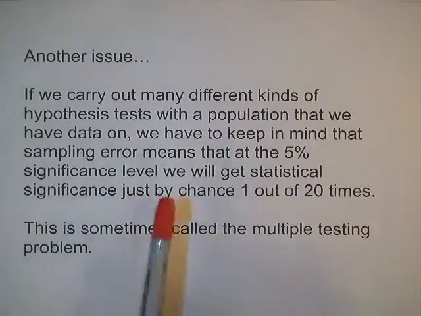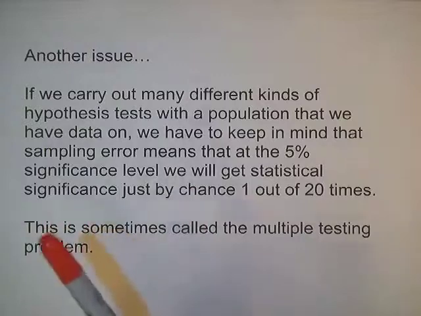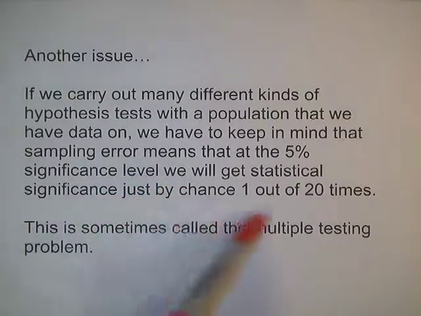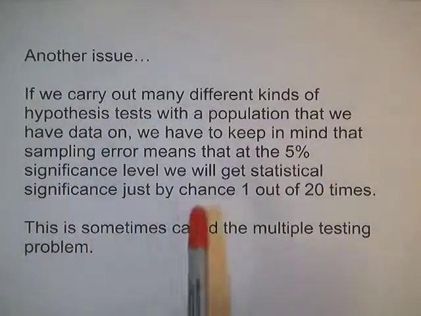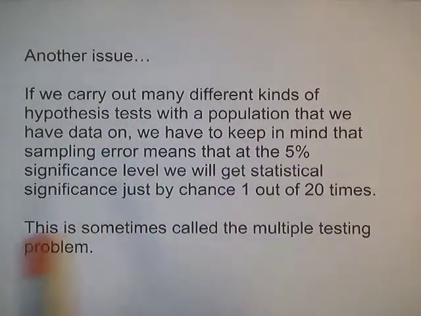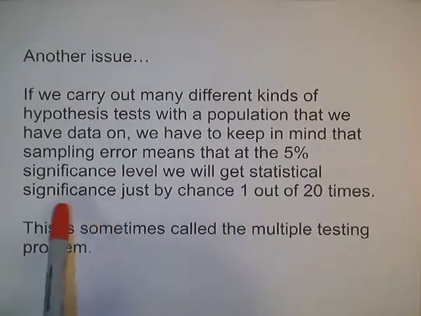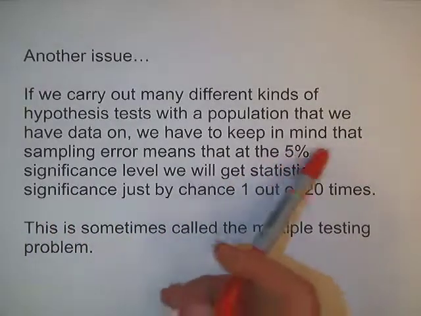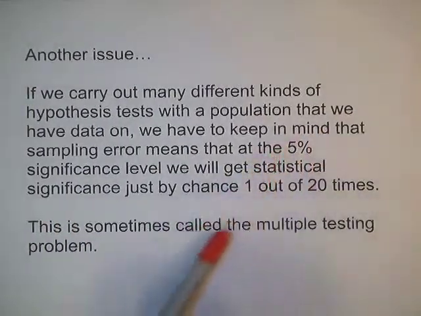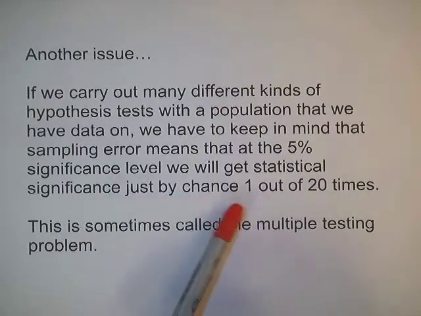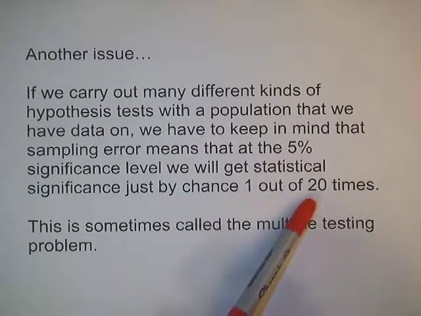This may happen, especially if you're taking frequent observations of some sort of phenomenon via computer. The computer may have the functionality to do hypothesis test after hypothesis test after hypothesis test. We need to be a little bit careful because even using a pretty small significance level, you are still going to get a false positive result 1 out of every 20 times.